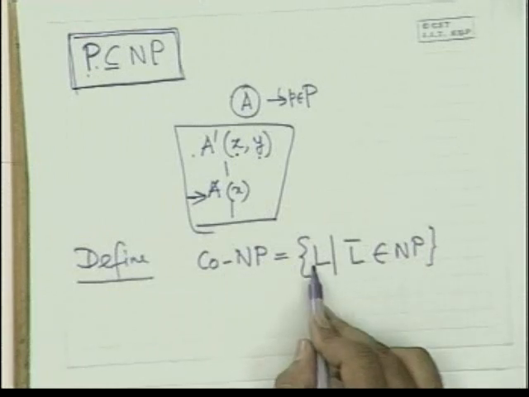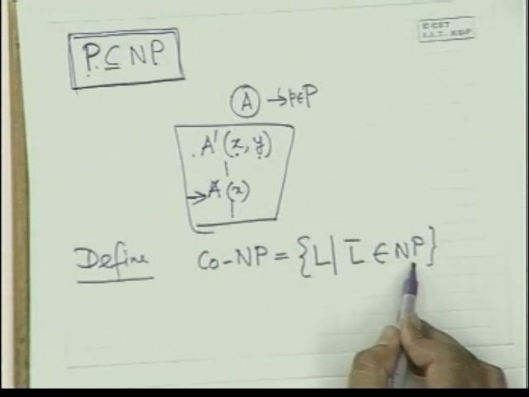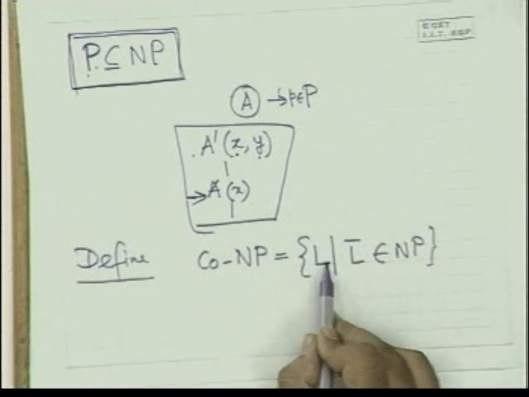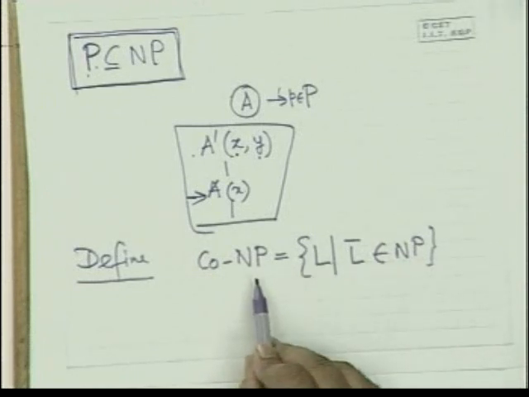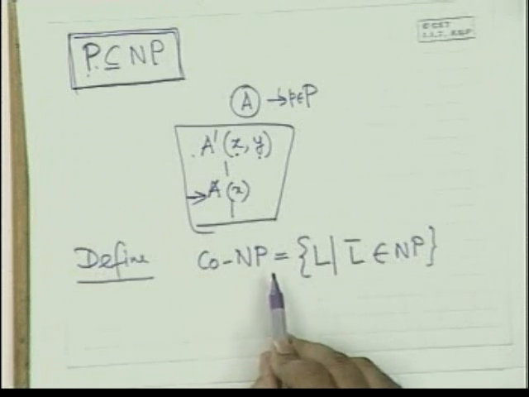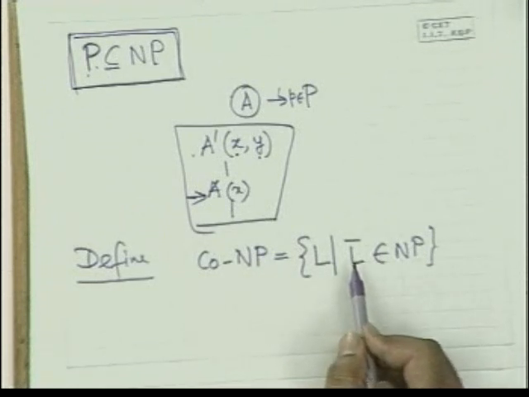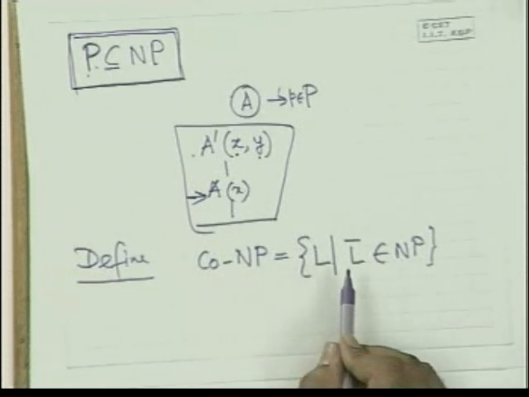So if the complement of L belongs to NP, then the language L belongs to co-NP. So let us see, in terms of the Hamiltonian cycle, we know the Ham cycle problem belongs to NP. Already I have told you why. So it means all the graphs which are non-Hamiltonian will be signified by L bar.